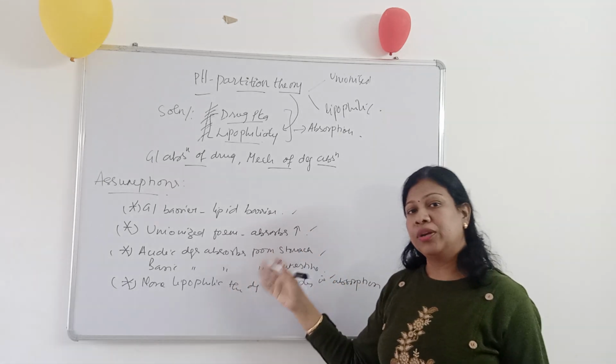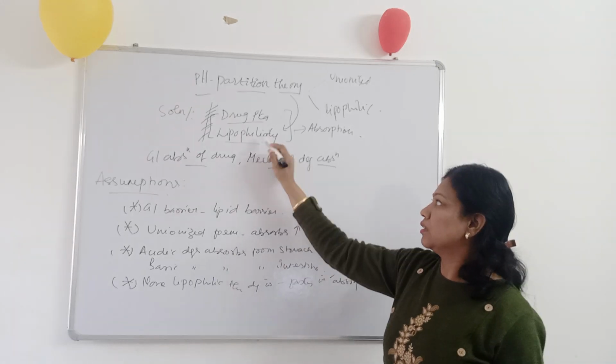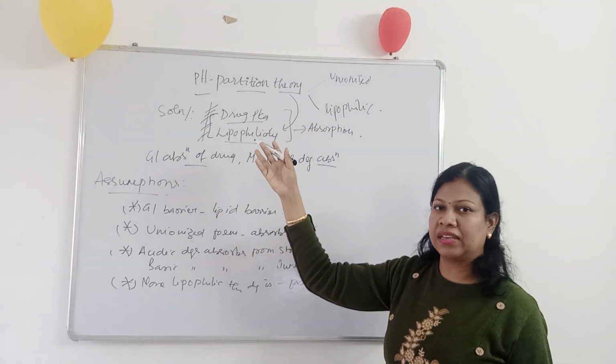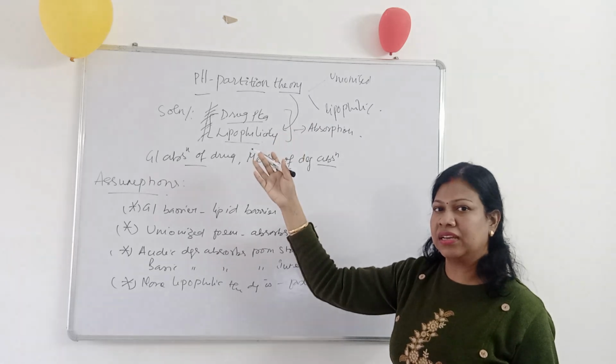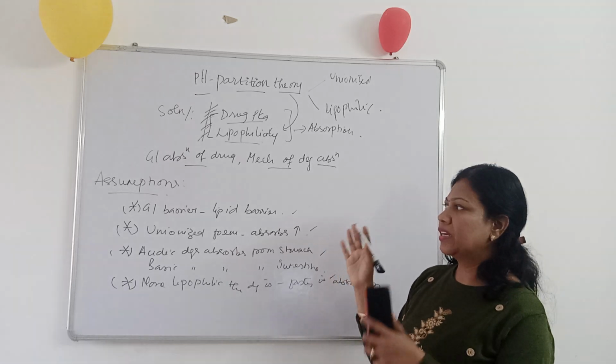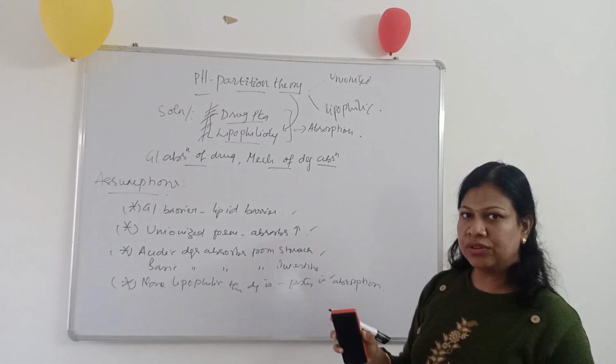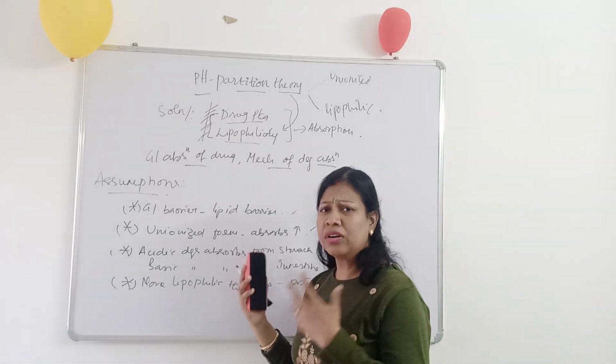And the more lipophilic the drug is, the faster will be the absorption. So when the drug's lipophilicity is higher, that is, the partition coefficient is higher, then absorption rate also will be faster. So lipophilic drugs and unionized drugs get absorbed according to the pH partition theory. So these are all assumptions.